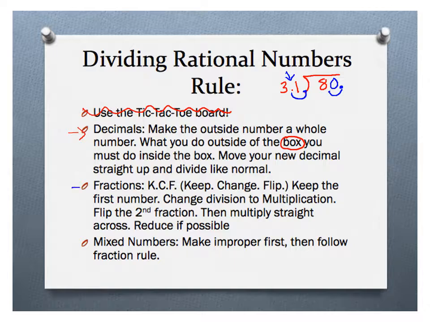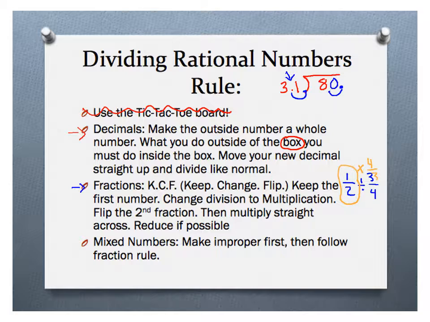If you're using fractions, you keep the first number. If you're going to divide a fraction like 1/2 divided by 3/4, it says keep. So you're going to keep this number the same, change the sign. We are now going to multiply, and flip. We always flip that second fraction. So that would be 4/3.